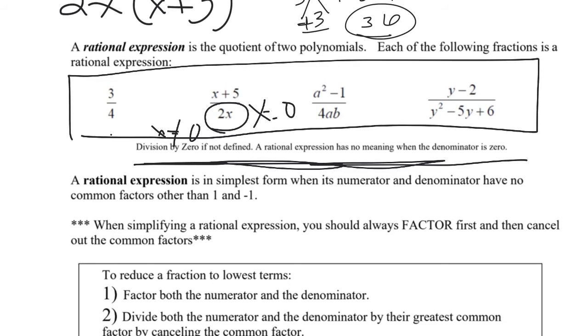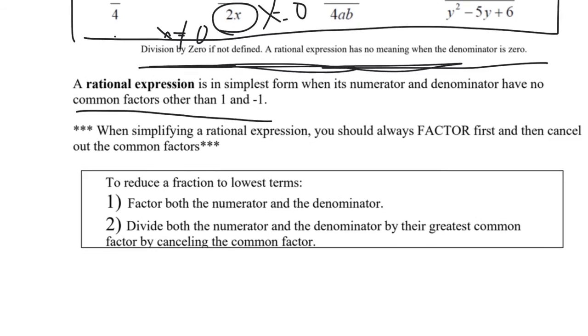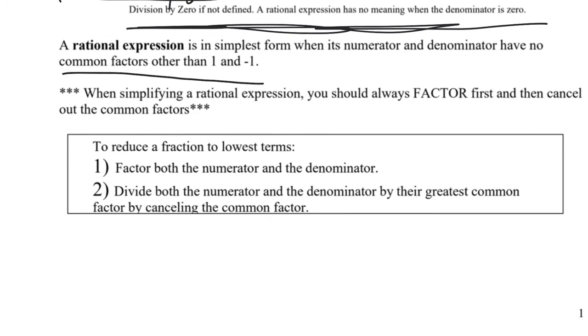A rational expression is in simplest form when its numerator and denominator have no common factors other than 1 and negative 1. So we want to be able to simplify it as much as possible. To be able to simplify, we have to factor first. Something like 6/10 is a rational expression, but it's not simplified.